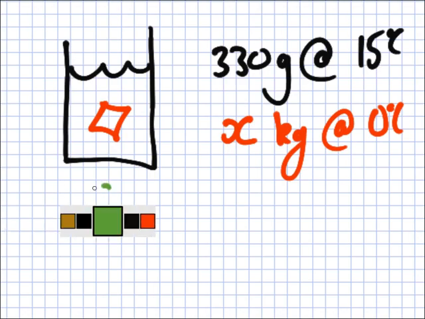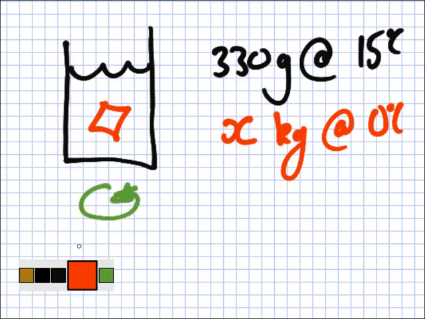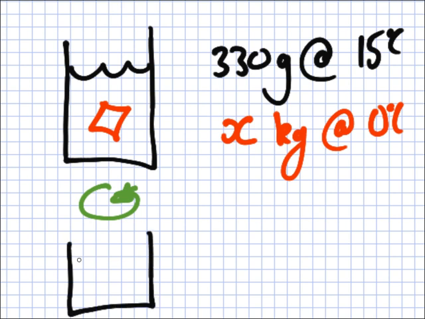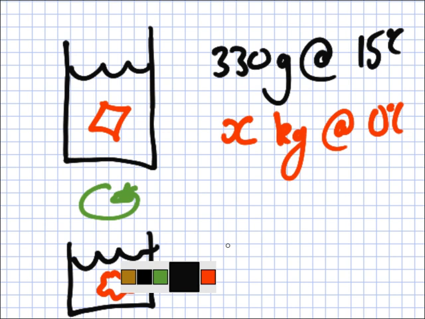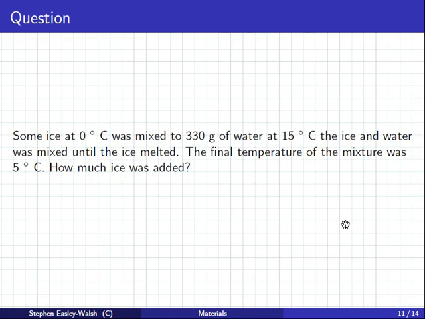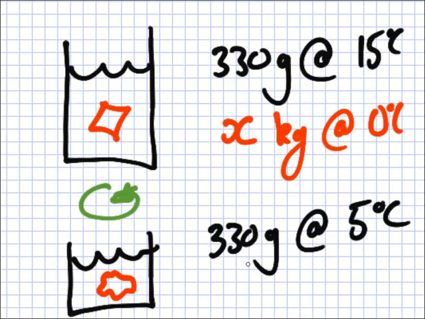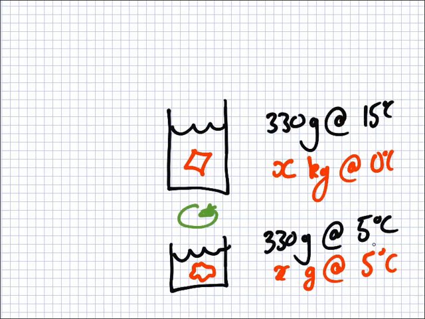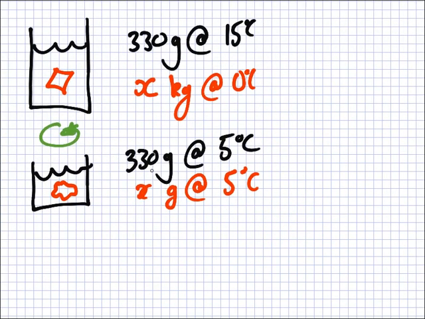Then you mix this all together and you end up with your 330 grams at 5 Celsius. And your ice, which is X grams, is now also at 5 Celsius. And we have to figure out what the X is.